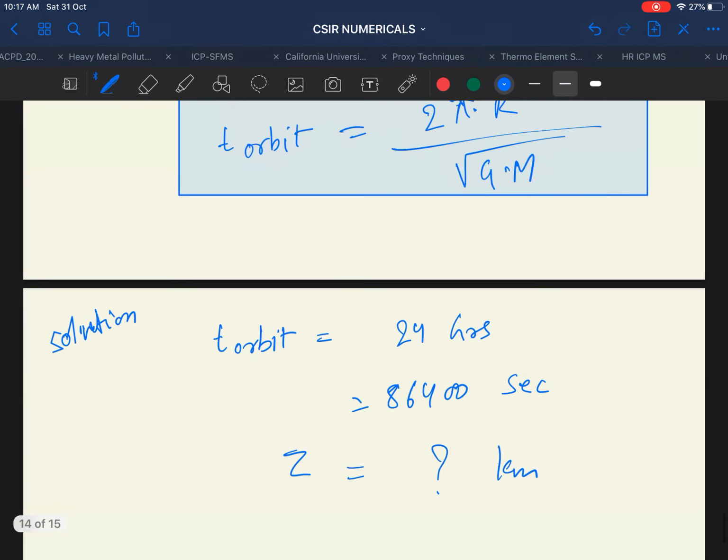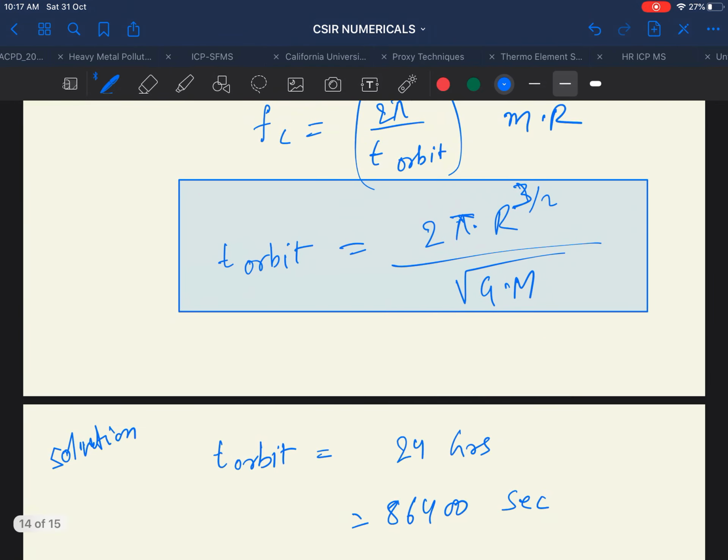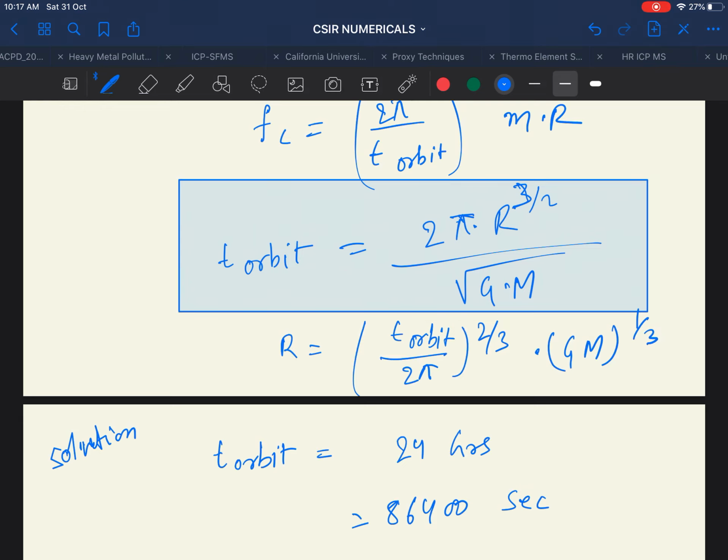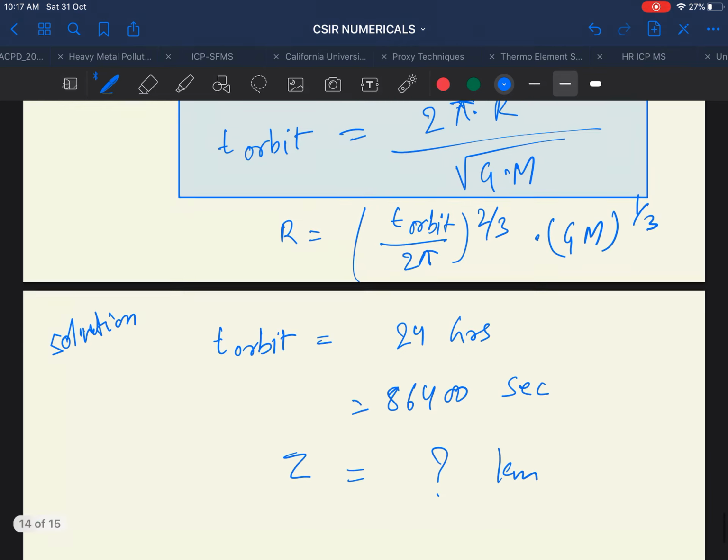Now we can rearrange the equation like this: r equals (T orbit by 2 pi) to the power 2 by 3 into (GM) to the power 1 by 3.